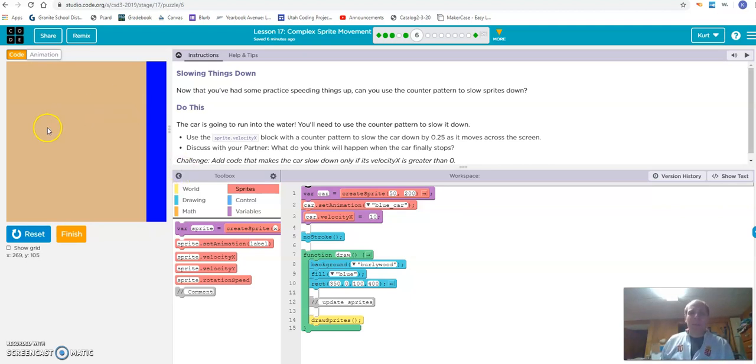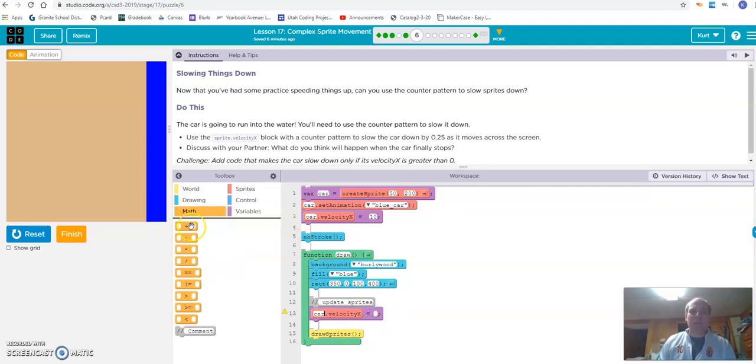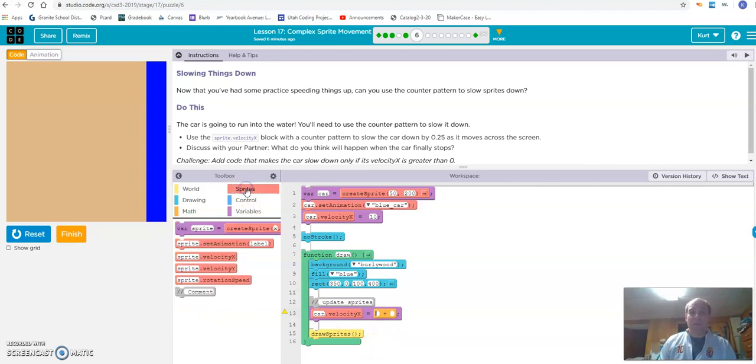That's why we're decreasing the velocity by this 0.25. Remember, the counter pattern is that we set something equal to itself, and then we add something to that. So we're going to have car.VelocityX equals car.VelocityX, and then we add something to it.